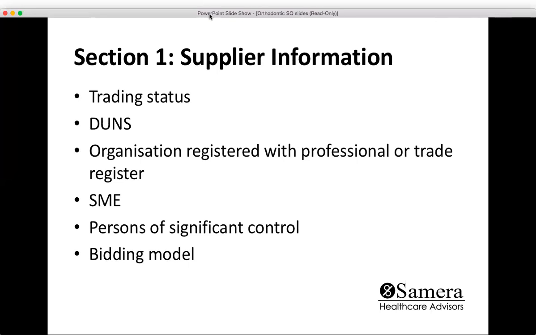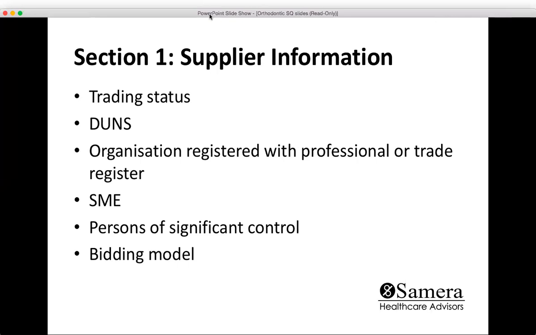Okay. And who are persons of significant control? So again, this is if you are bidding in the name of a company. Persons of significant control are shareholders who have a shareholding of 25% or more. So if you had 4 shareholders that each had 25% of the shares, they would all be persons of significant control.